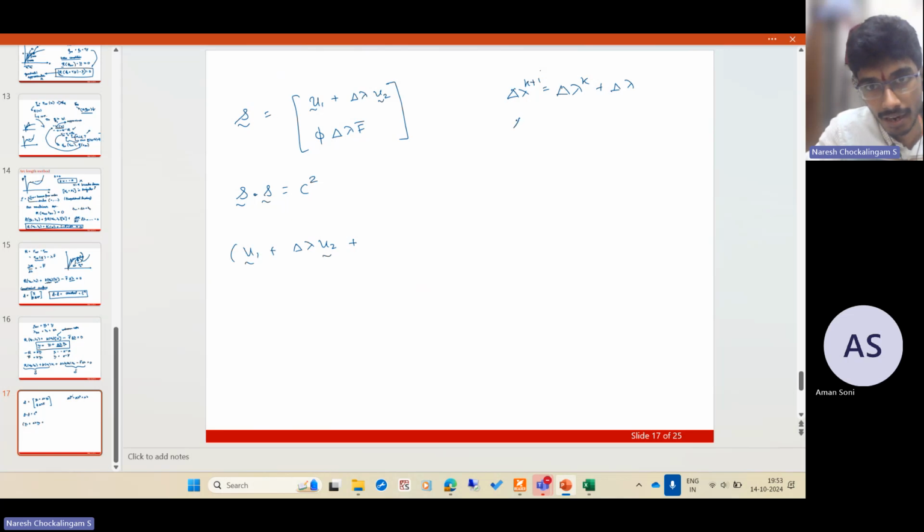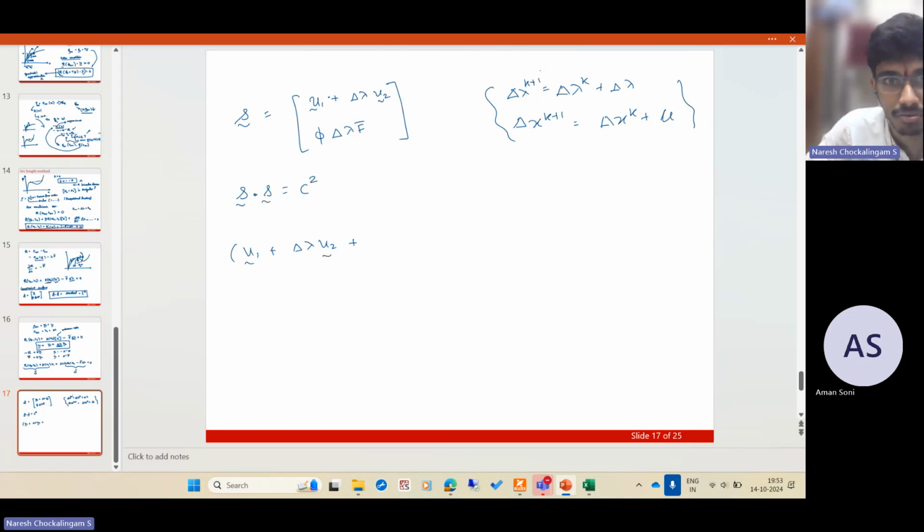Similarly, the current configuration, delta x k plus 1, is delta x k plus this u, right? So the sum of all increments up to the previous iteration plus the current increment.